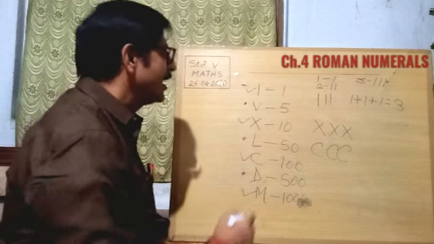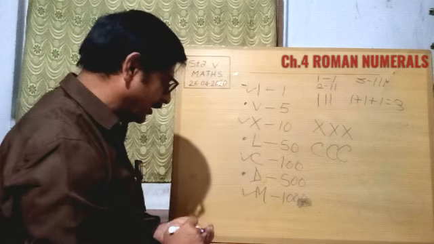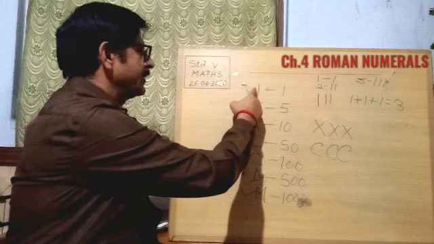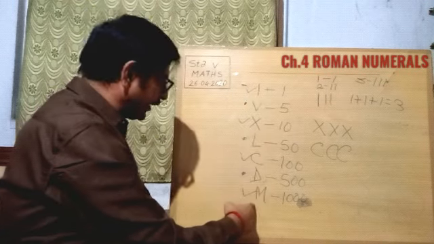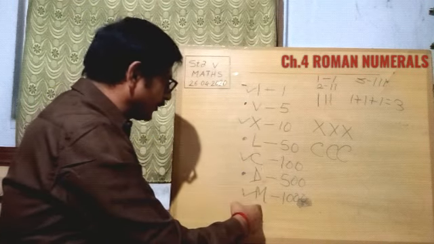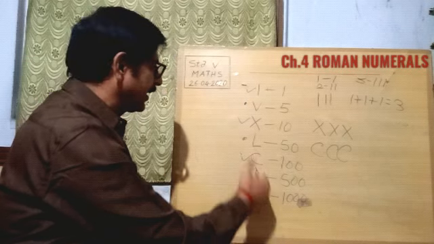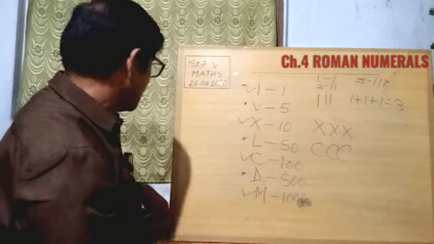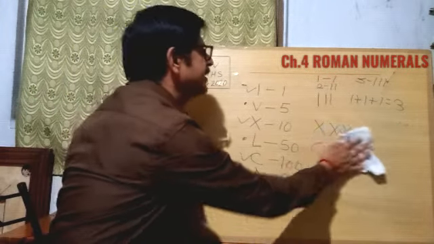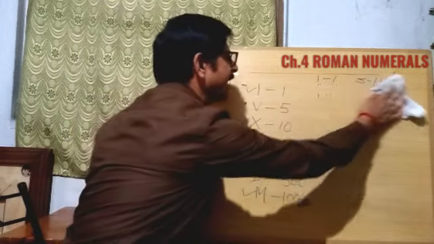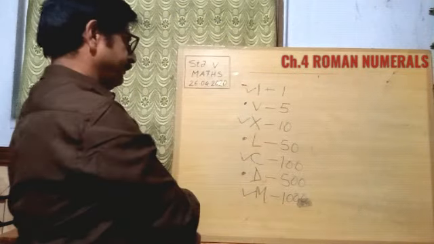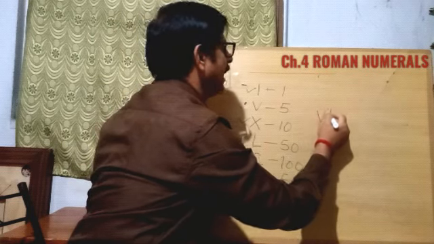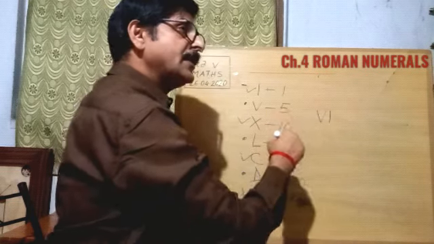Next rule. If a numeral of a smaller value... I is smaller than all these, V is smaller than all the symbols coming after it, X is smaller than all these symbols. So, if a smaller symbol is written to the right side of a larger symbol, like V and I, VI, the value is added.